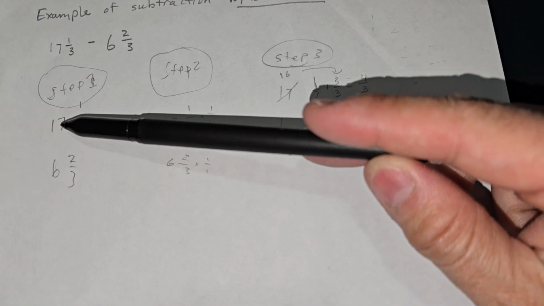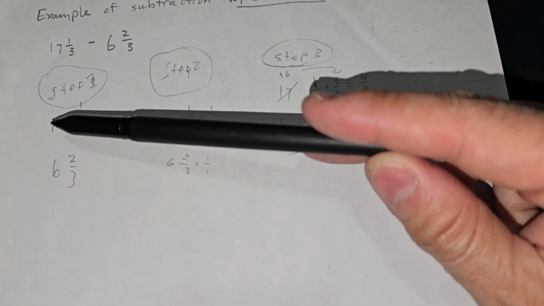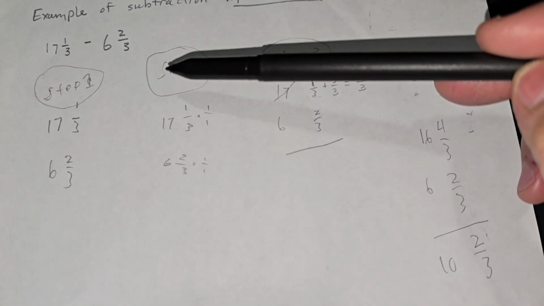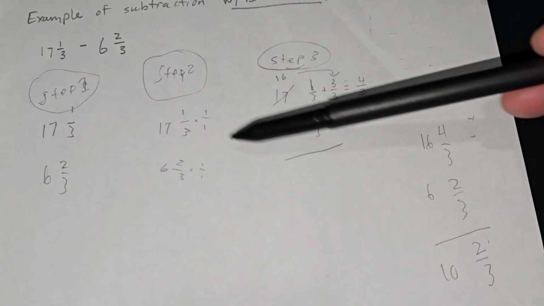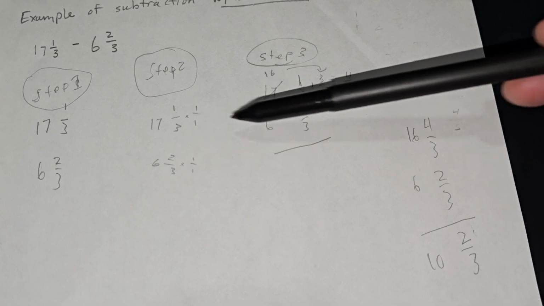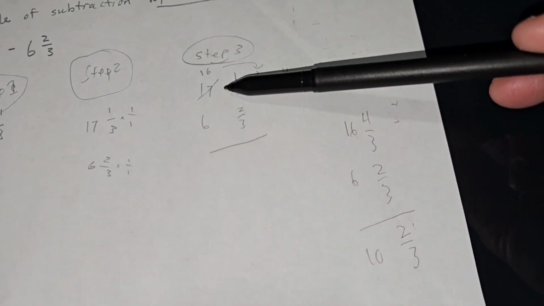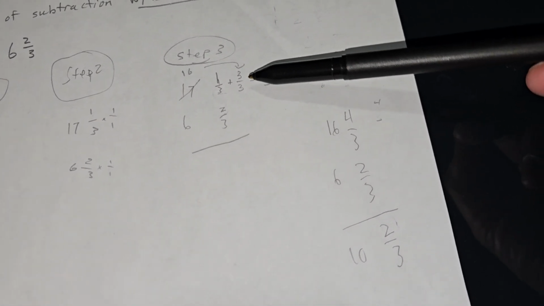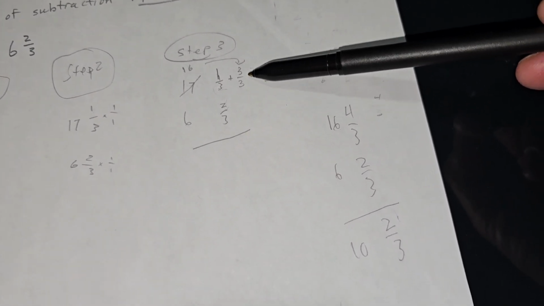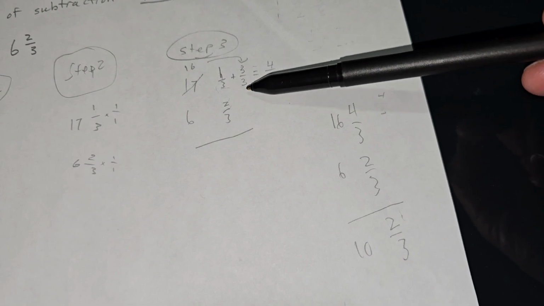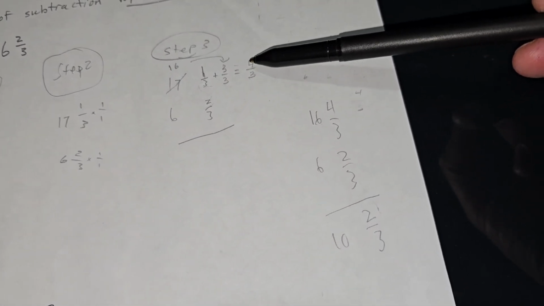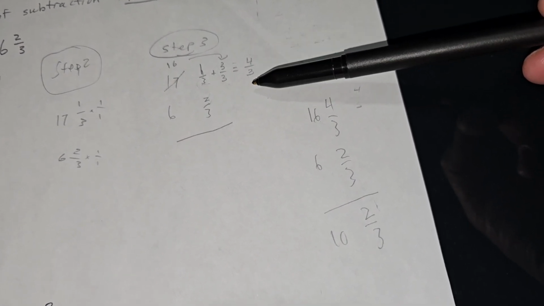So to do that, we borrow from this whole number, 17, okay? So we borrow from 17, which is in this step right here. This turns into 16, and we borrow 1 from it, and we write it as 3/3, okay, to keep the denominator the same. So then we can add the numerator, and this fraction becomes 4/3, okay?